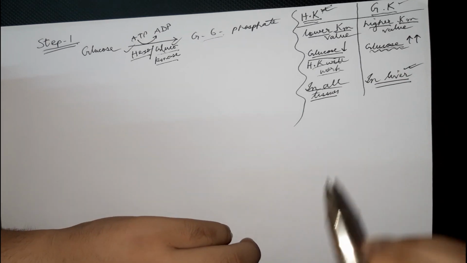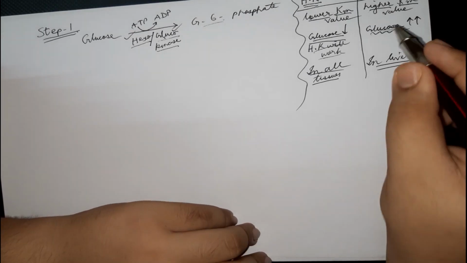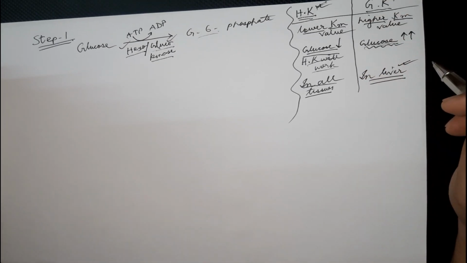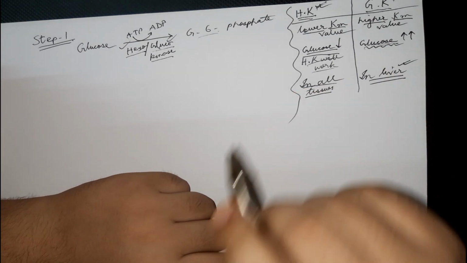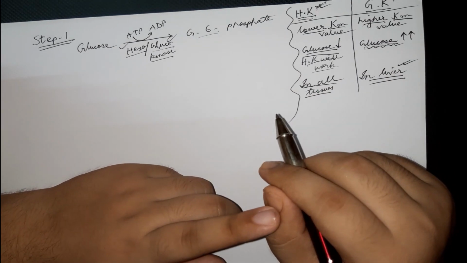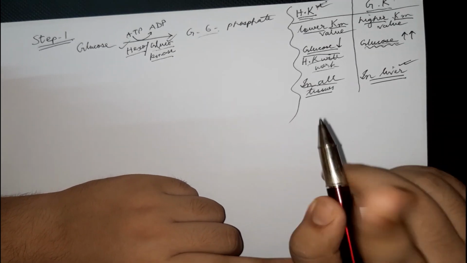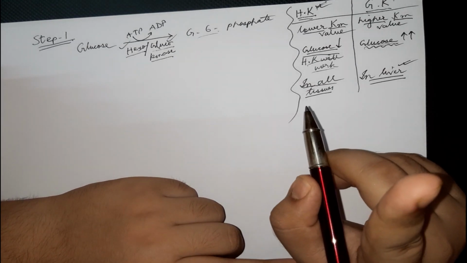Now, I said glucokinase is induced when glucose concentration is high. As you can all appreciate, something else is also induced when glucose concentration is high. Something very common, a very common hormone. Yes, insulin.